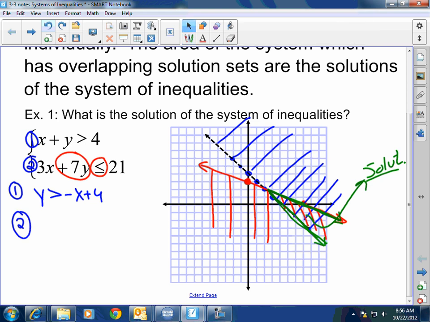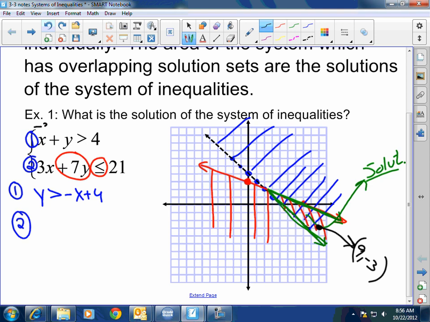I'll prove that right now. We got 1, 2, 3, 4, 5, 6, 7, 8, 9, 1, 2. If I'm right, 9, negative 3 better work with either one of these equations. Let's prove it. When y is negative 3 plus 9, is that greater than 4?